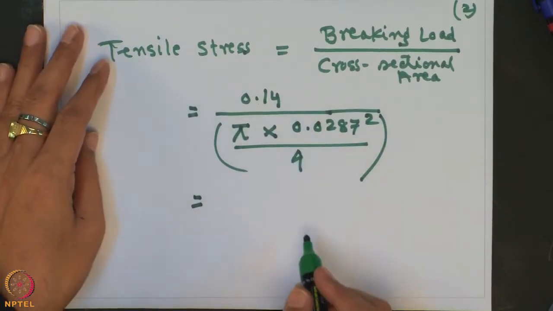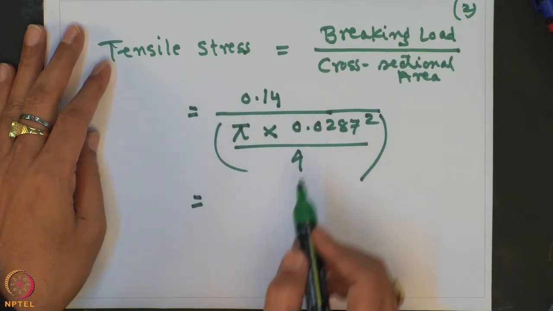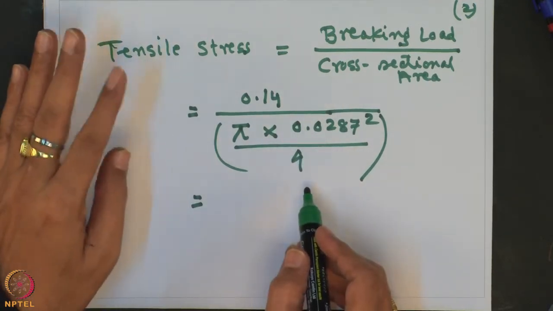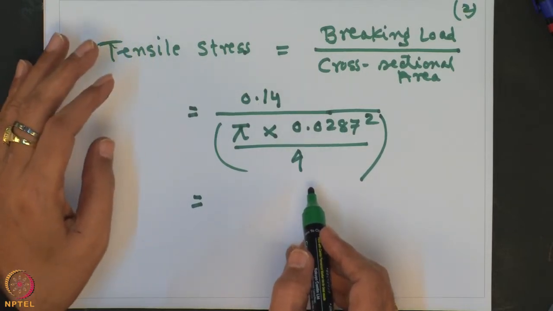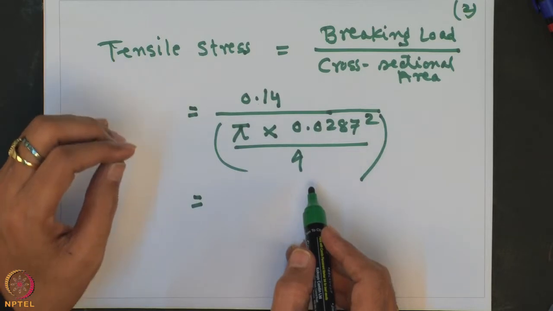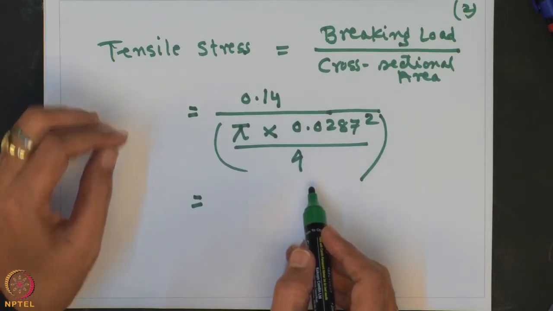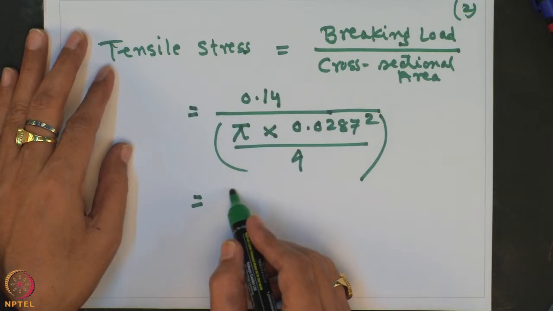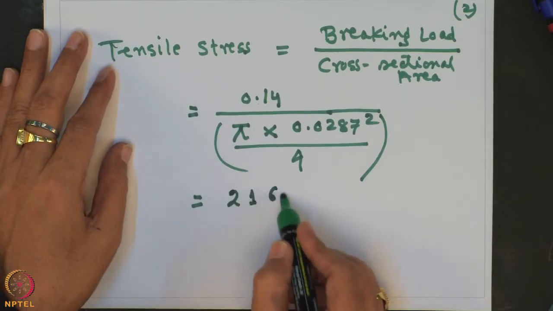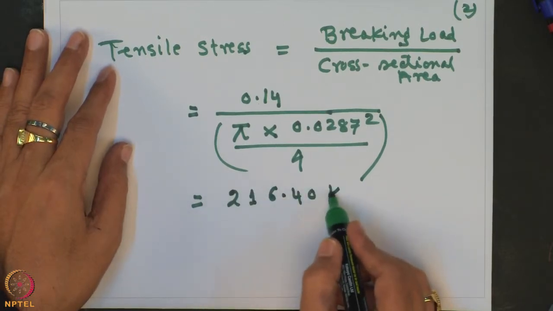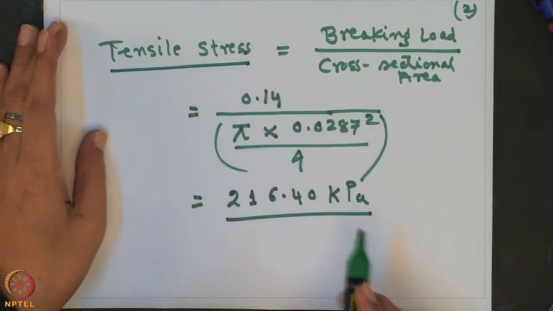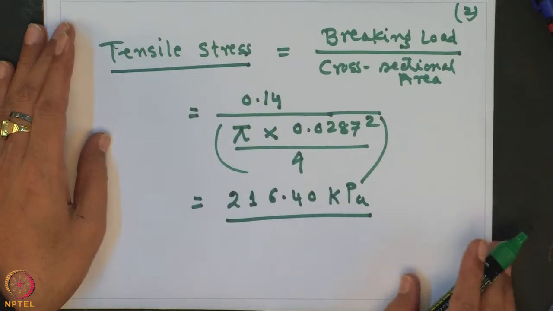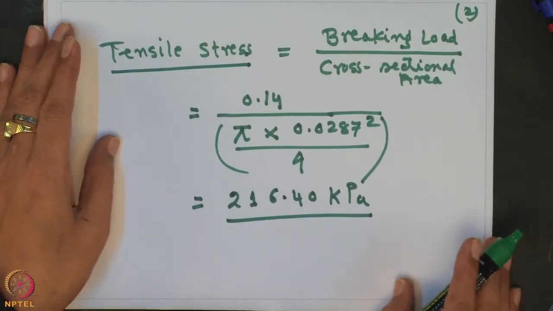So, now you can calculate and determine what will be the tensile stress of the EPS geofoam for a density of 20 kg per meter cube. So, this will give you 216.40 kilopascal. So, this is the tensile stress of the EPS geofoam for a density of 20 kg per meter cube.